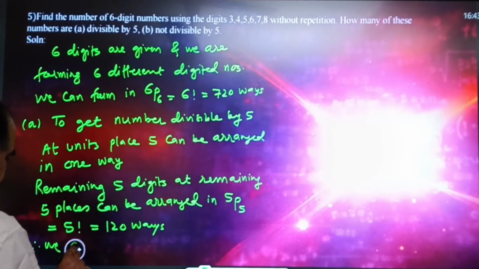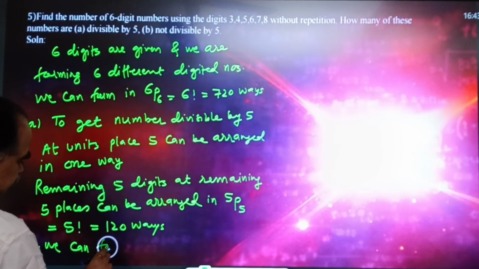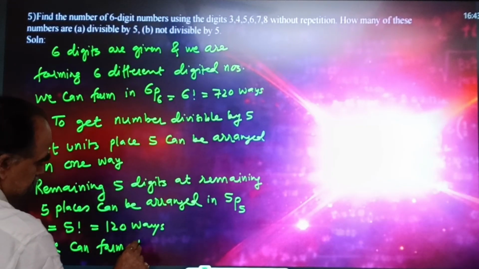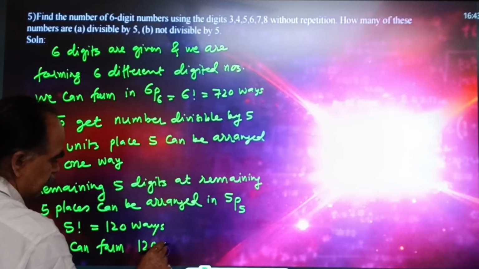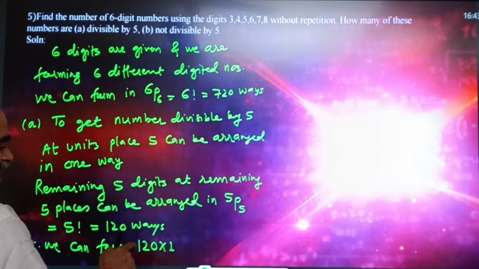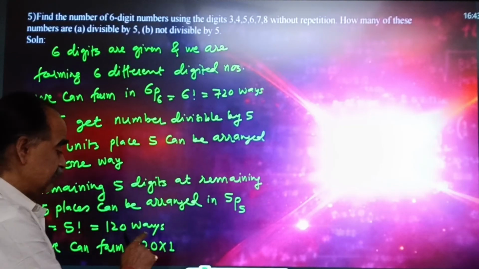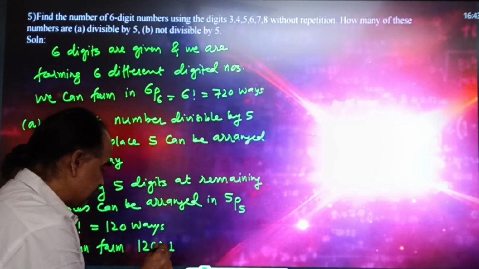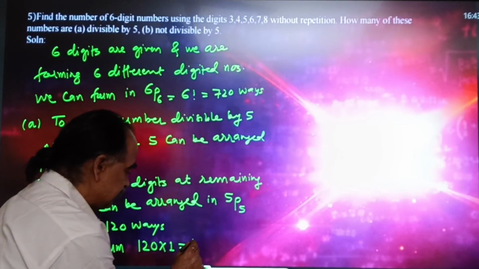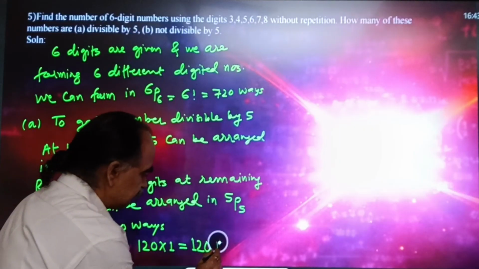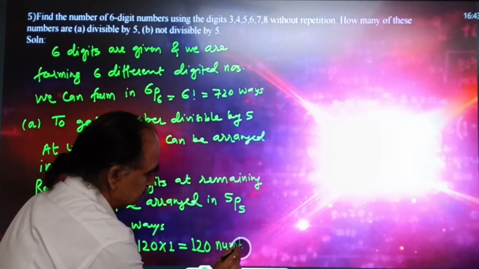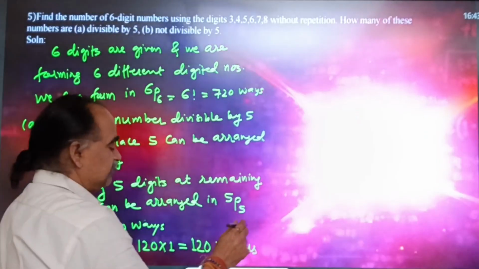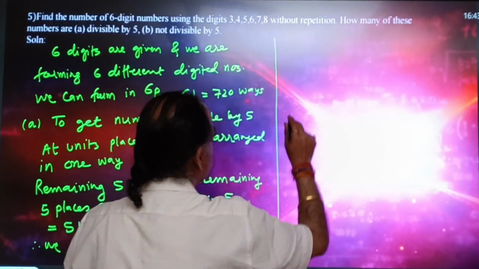Therefore, we can form 120 into 1, which is equal to 120 numbers which are divisible by 5.